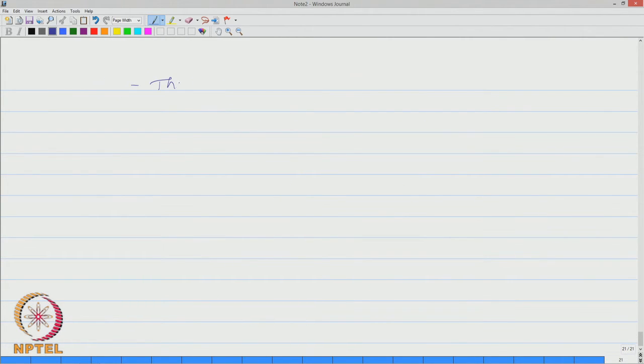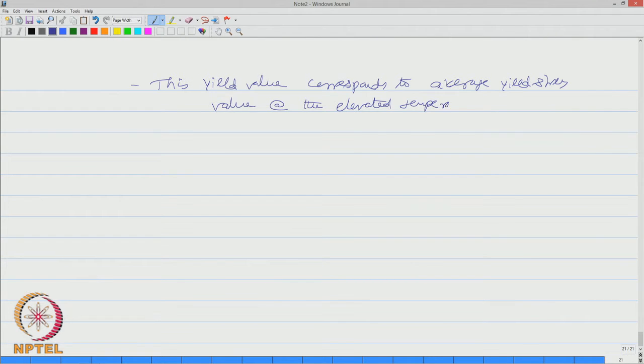Now, this yield stress value corresponds to the average yield stress value at the elevated temperature of the member.